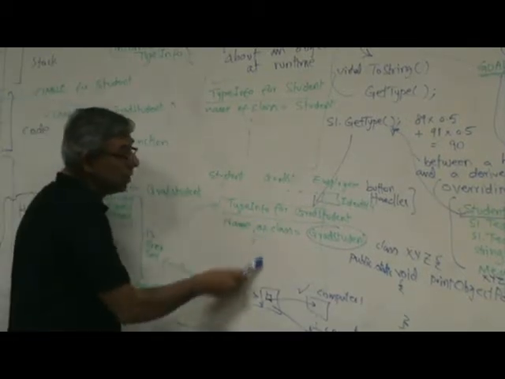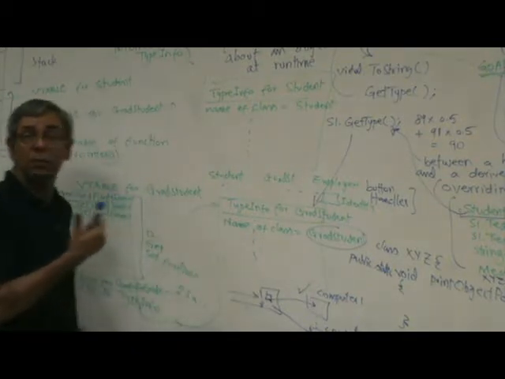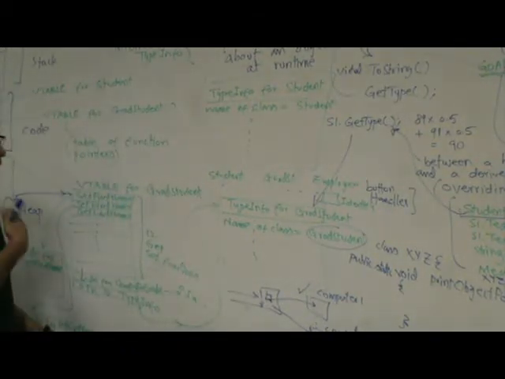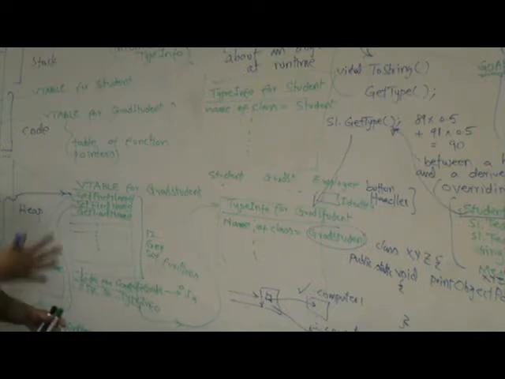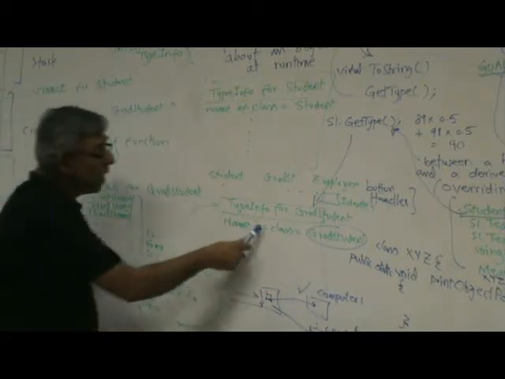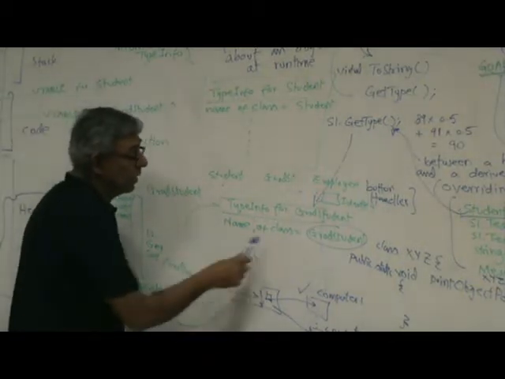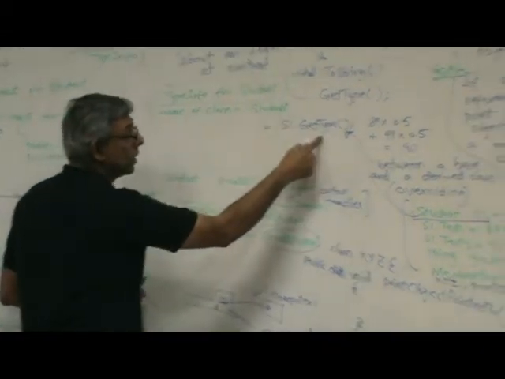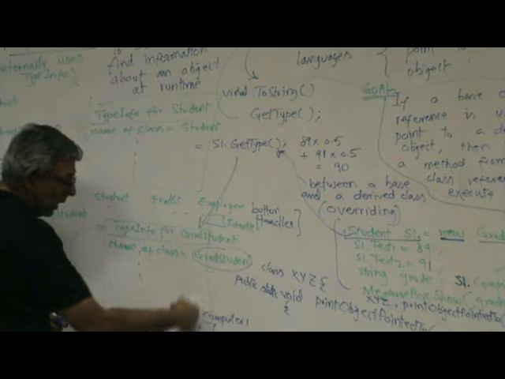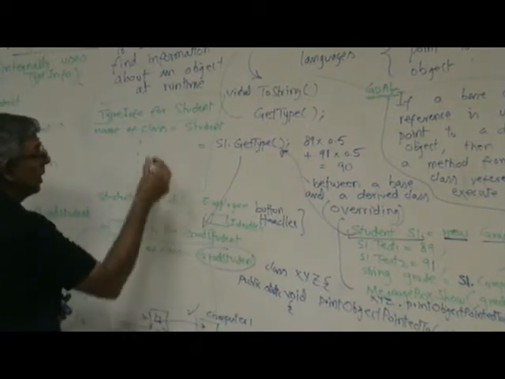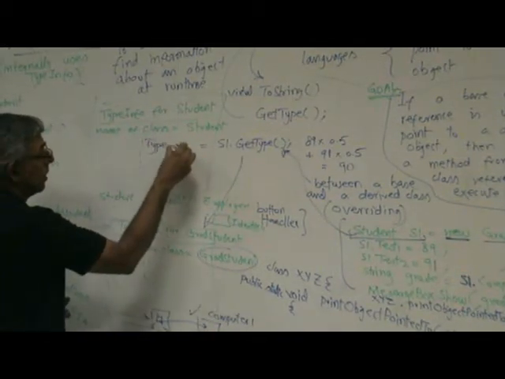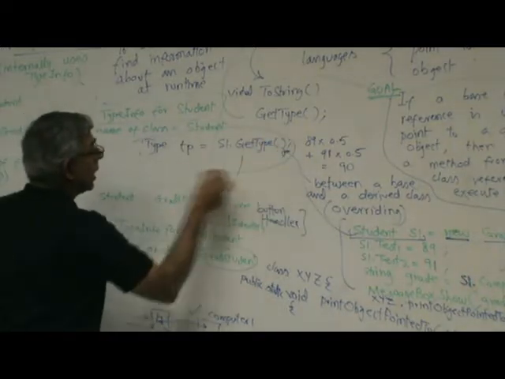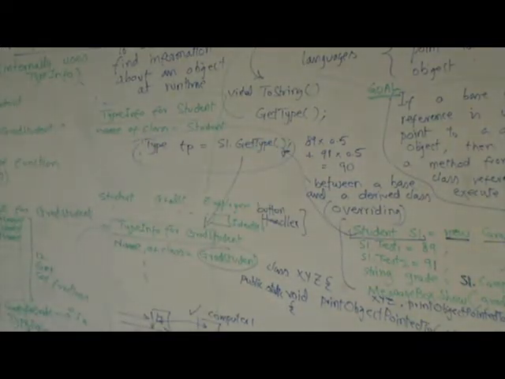As I mentioned, there's tons of information over here, not just the name of the class: how many interfaces it has, how many methods it has, name of each method, parameter of each method, return type of each method. So a lot of information over here, right? The way reflection is implemented is once you call s1.getType, all the pieces of information over here are further put in another class called Type, which is provided by the .NET library.